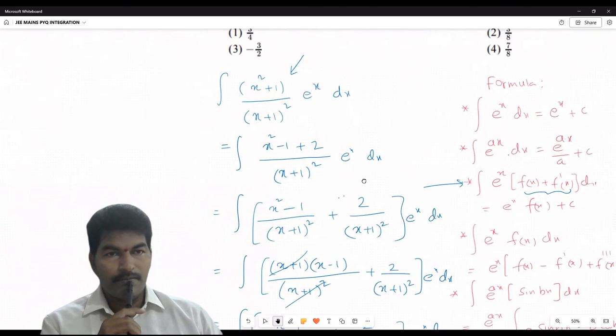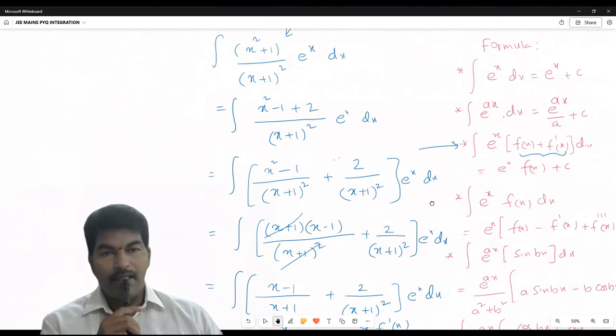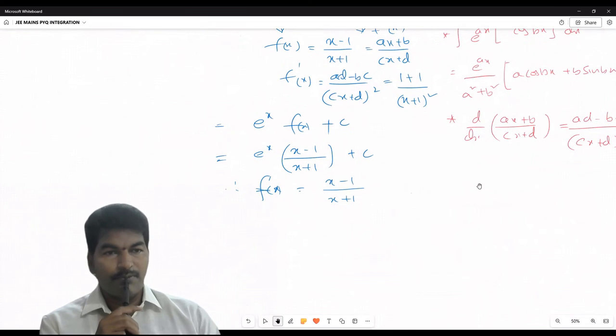Now look at the problem. F of x, we understand it is x minus 1 by x plus 1. And after that, we have to differentiate this f of x 3 times. After 3 times differentiating, we have to substitute x value 1 in that.